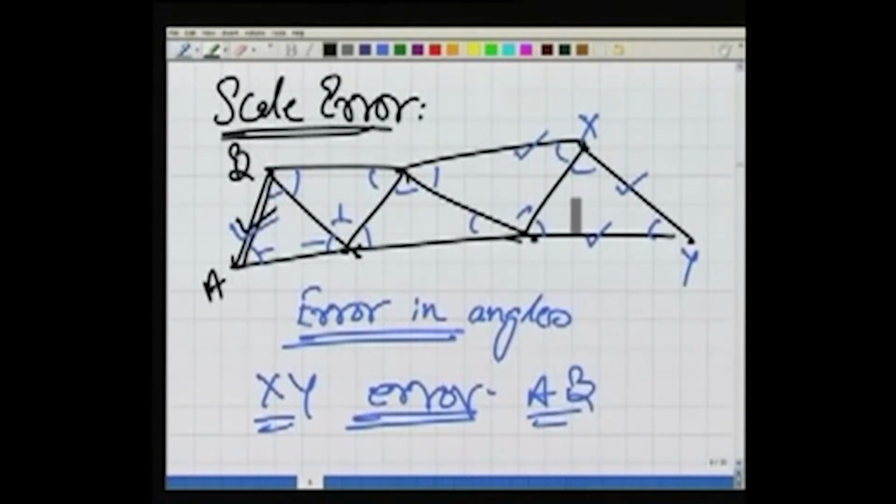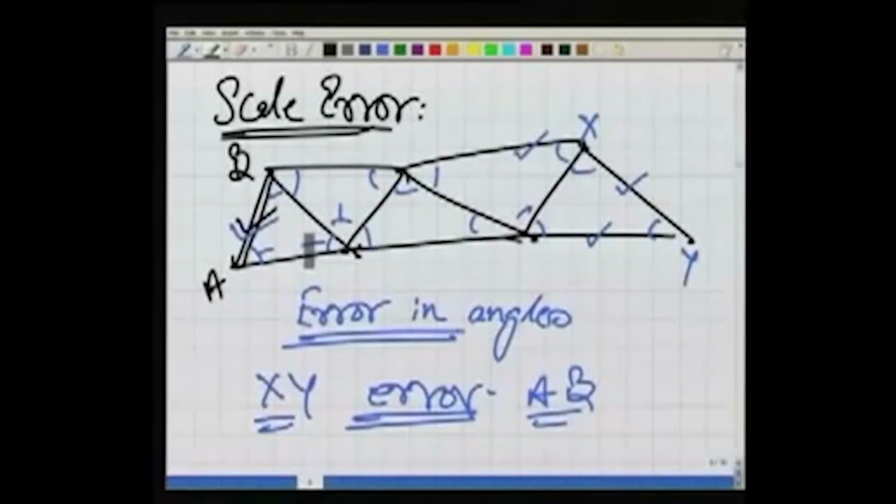Not only the error in the angles, it also depends upon the size of the angle, because we are making use of the sine rule. We have seen that already. We have seen how the error propagates and how it depends upon the size of the angle. But whatever the case, in triangulation there will be some error finally in computing our lengths.